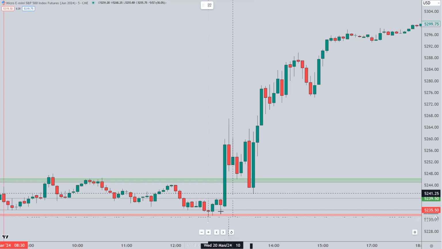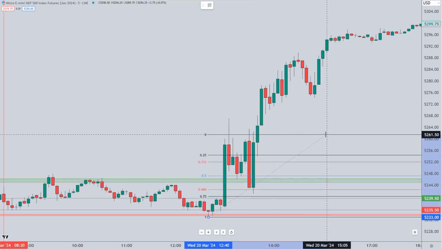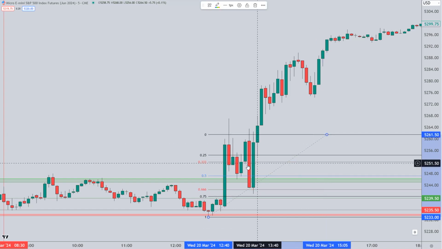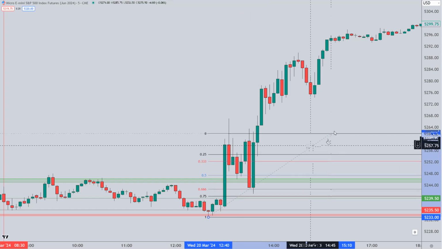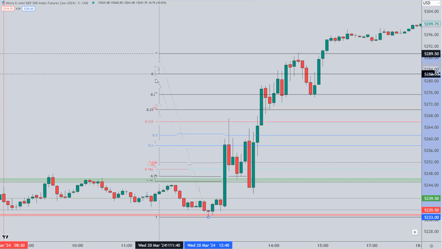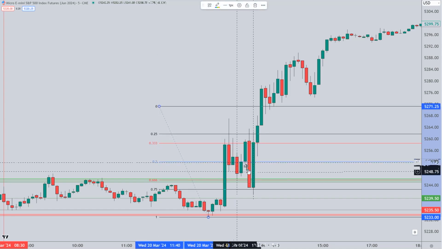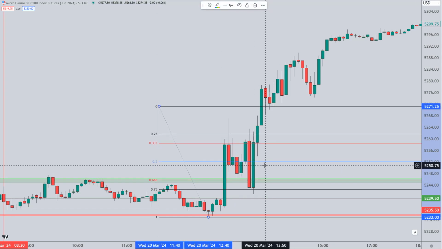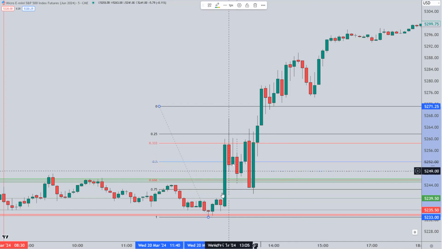So we would measure from low here to our entry point right there, the close of this candle. Well, I'm doing this backwards here. There we go. As you can tell, I'm a little bit tired today. My apologies. So our target is to double this distance.